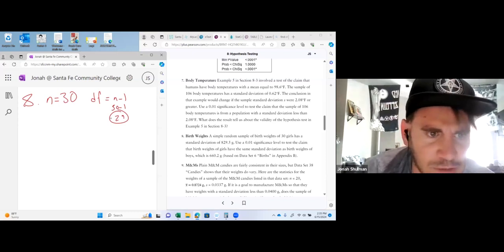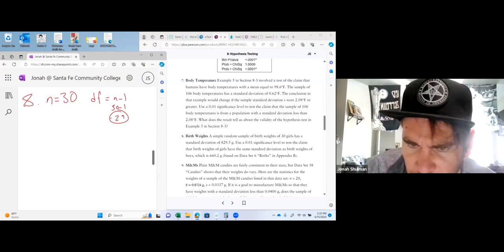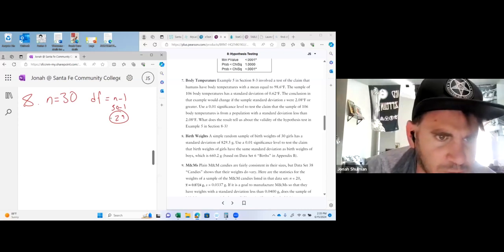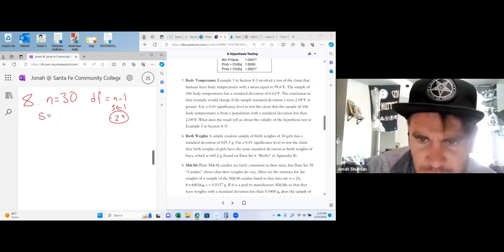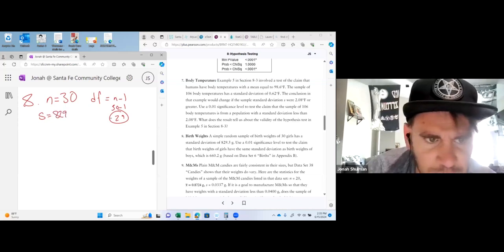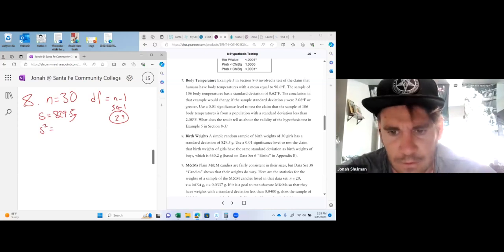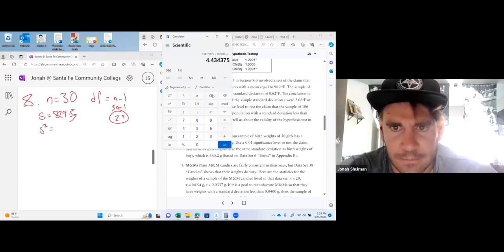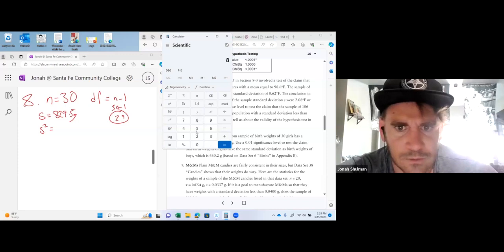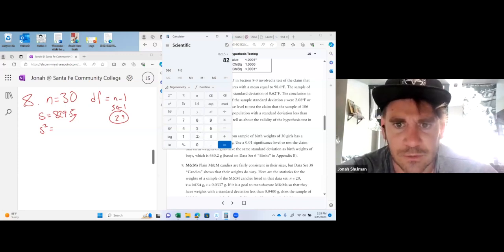The standard deviation, so this is our s, is 829.5 grams. And that means our variance is 829.5 times 829.5.